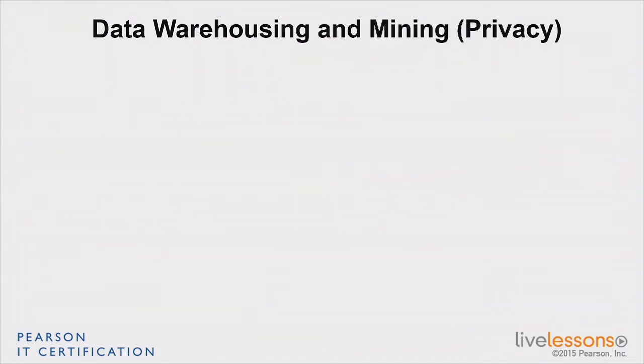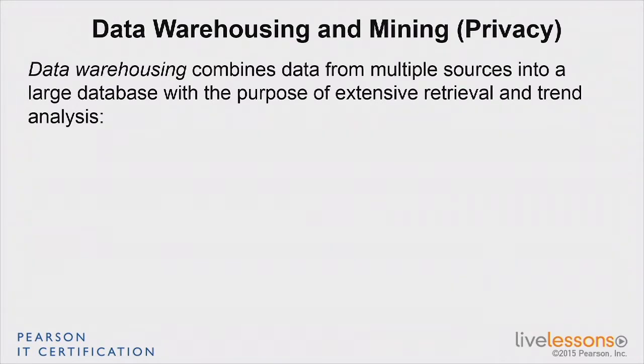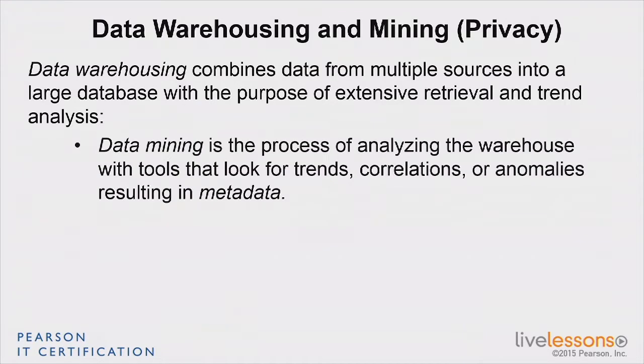Lastly, we need to be concerned with privacy. Those privacy concerns are really related to data warehousing, mining, aggregation, and inference, which are topics that we've previously discussed and want to revisit. Remember that data warehousing combines data from multiple sources into a large database, generally with the purpose of extensive retrieval and trend analysis.